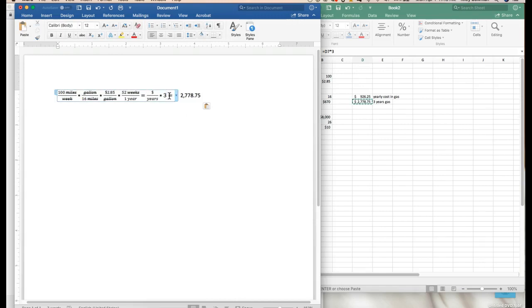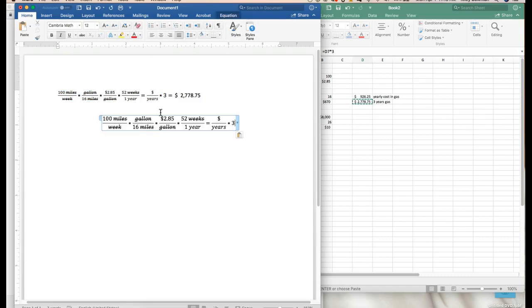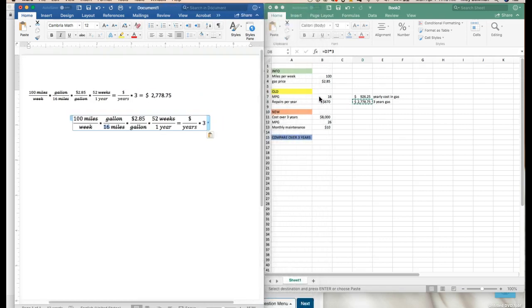Okay, so now the new one, the new car, we're going to do this because all of those assumptions are the same. We have the 100 miles, the 2.85, the 52 weeks. The only variable here, instead of being 16 miles, is miles per gallon. We have the new car has 26 miles per gallon. So we're going to put 26 in here.